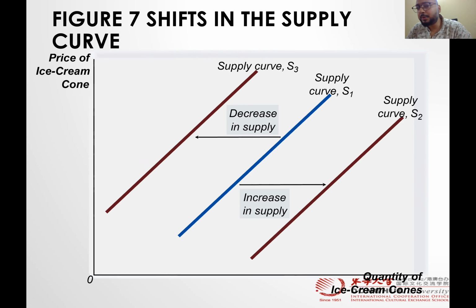In other books, they say that shift upward means decrease, shift downward means increase, right? It's just another way to see the argument. So just remember: shift to the right means increase, shift to the left means decrease. It's just for curiosity, if you find in the book shift upward, shift downward: shift downward means increase, shift upward means decrease.